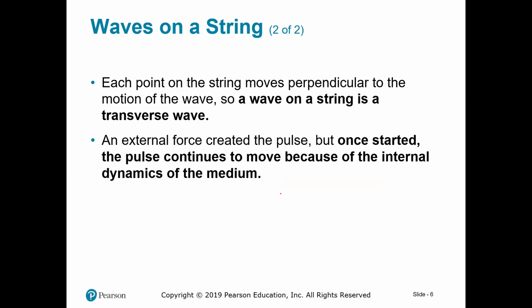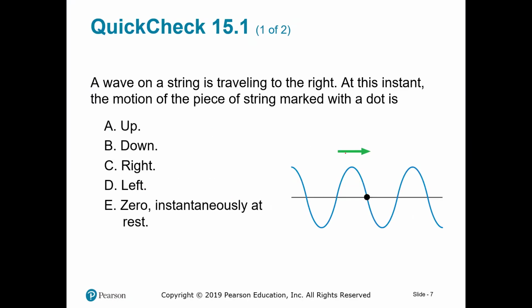Now we'll talk more about a wave on a string. This again is a transverse wave. The wave on a string is traveling to the right. Assuming the wave is traveling to the right, consider at this instant the motion of a piece of string marked with a dot.